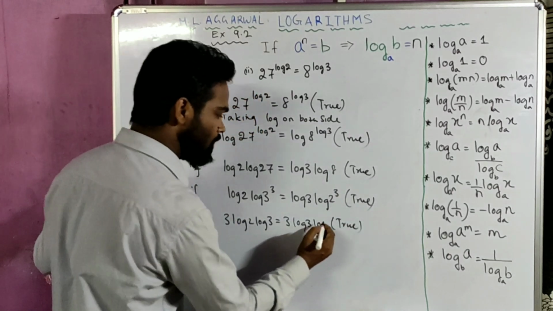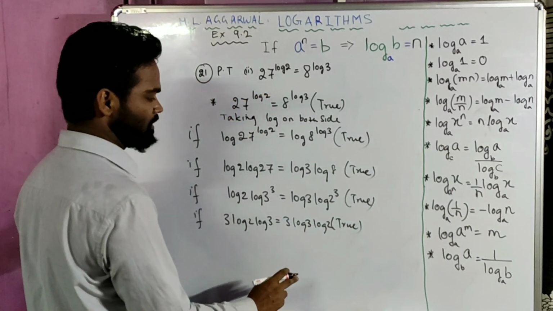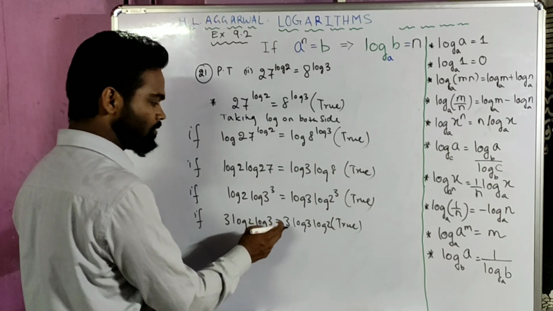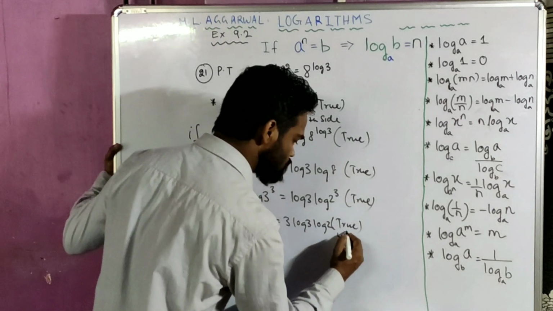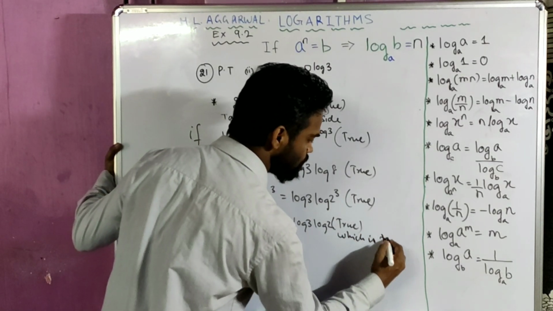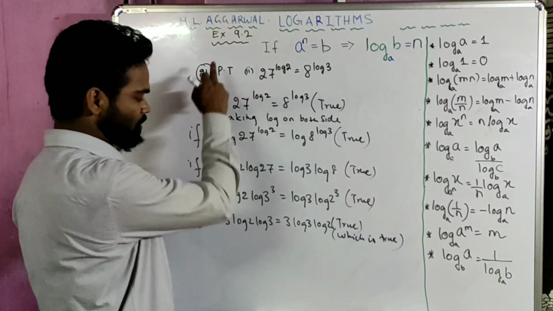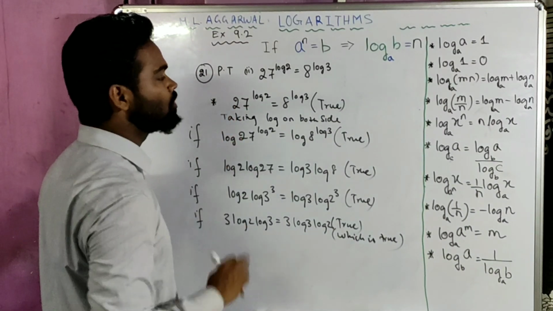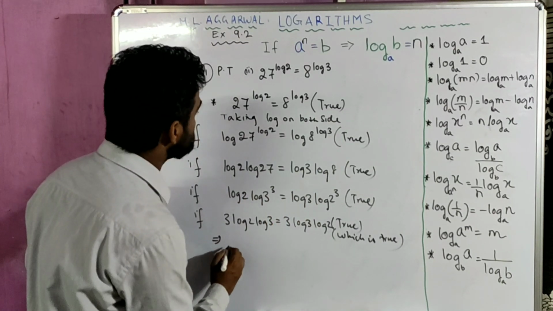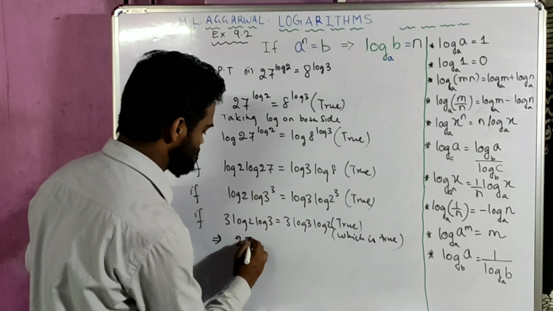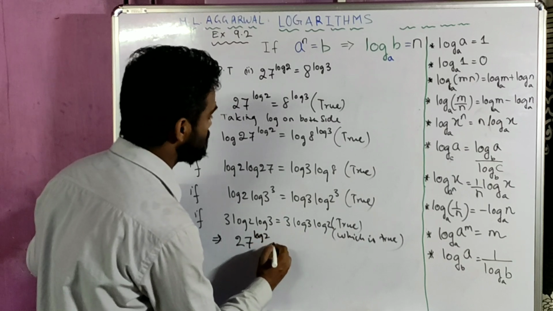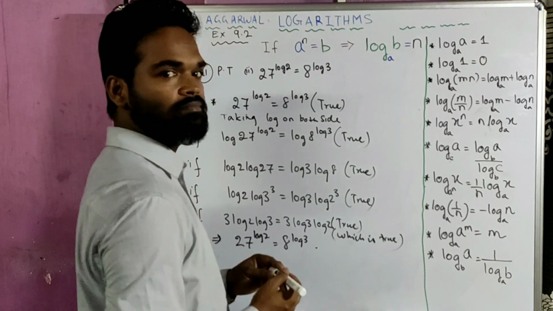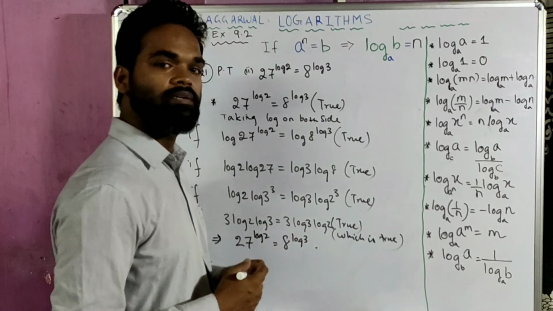This is actually true. 3 log 2 log 3 will be equal to 3 log 3 log 2, which is true. So we are going from here to here. If this is true, this is true, this is true, which means this is also true, which means we can say that 27 to the power log 2 is equal to 8 to the power log 3. Done? Clear? Now we look at the next sum.